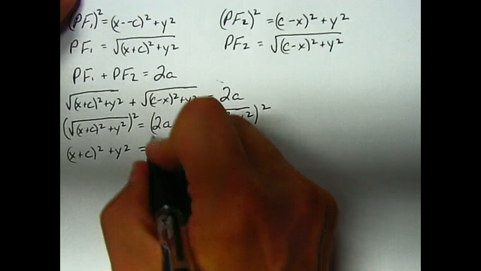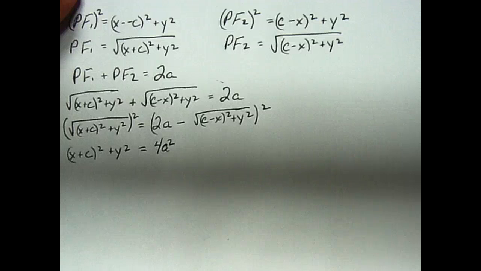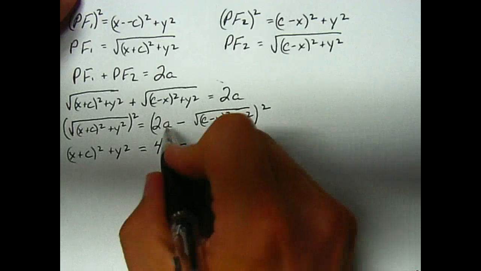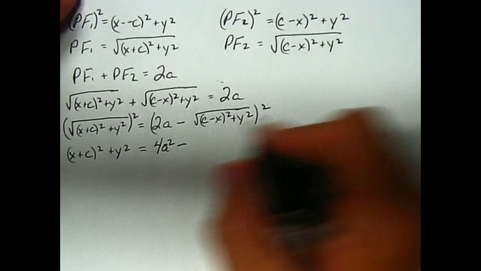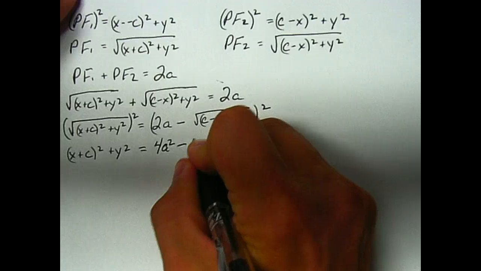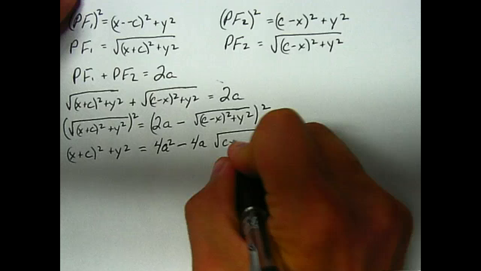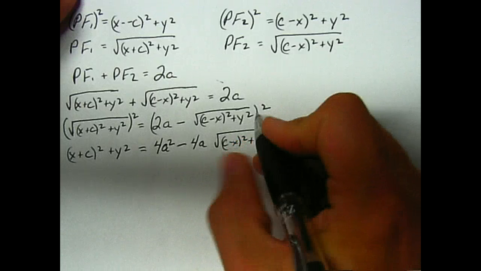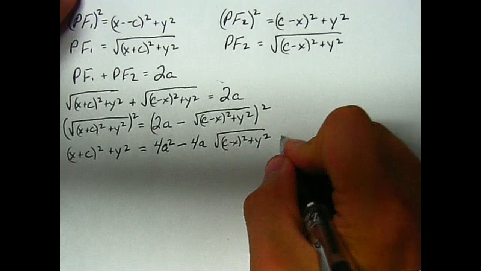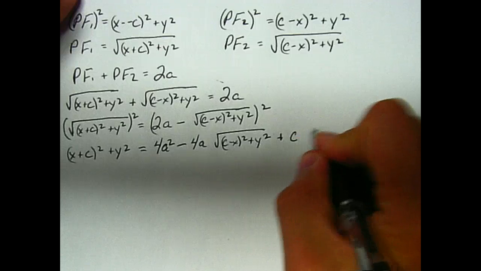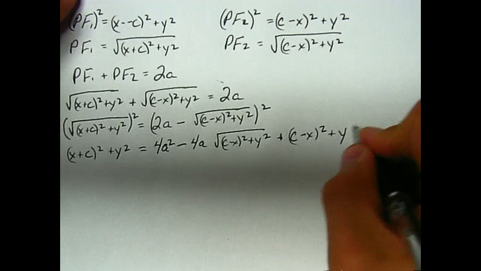We have to simplify that out properly. So here we go. First term squared is 4a squared, minus 2a times the root of c minus x squared plus y squared, all times 2. So that's going to give me minus 4a square root of c minus x squared plus y squared. Okay, and our last term is this term squared. So plus, again, c minus x all squared plus y squared.